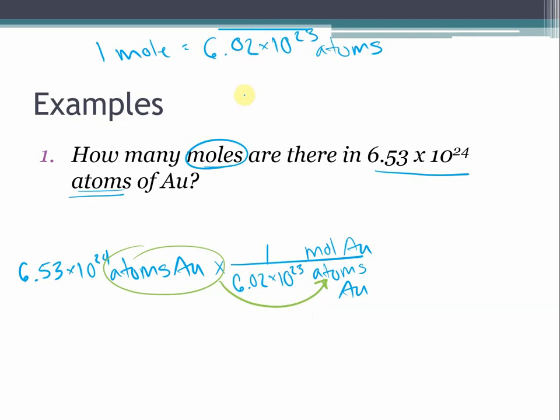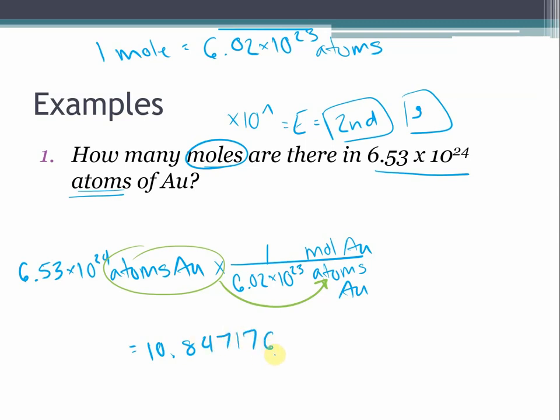Remember that the safest way to plug this in is to replace your times 10 to the with the E. Remember, you get the E from second, comma. So you would type in 6.02 second comma 24 divided by 6.02 second comma 23. When you do that, your calculator should tell you 10.847176, which is of course not our final answer because we need to round it for sig figs.